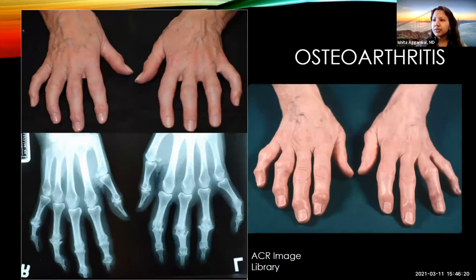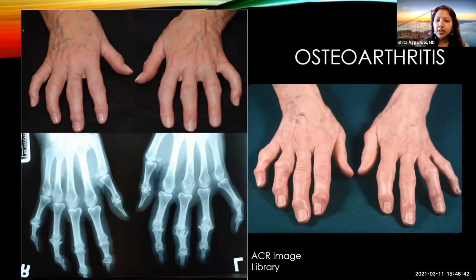So I wanted to start with talking about osteoarthritis, as it is the most common joint disease. In primary osteoarthritis, there is often no predisposing factor that's apparent. There is a wearing down of the normal synovial cartilage.